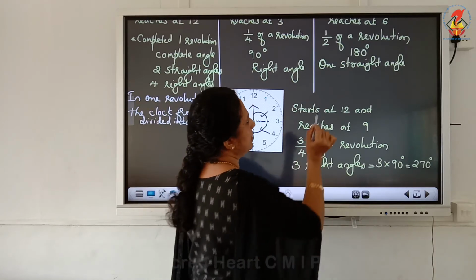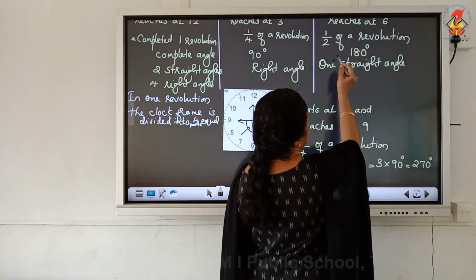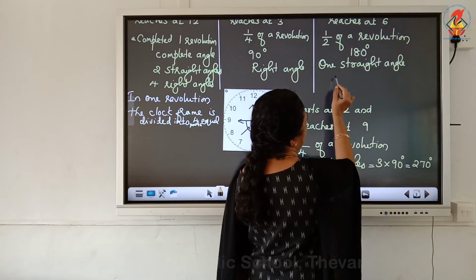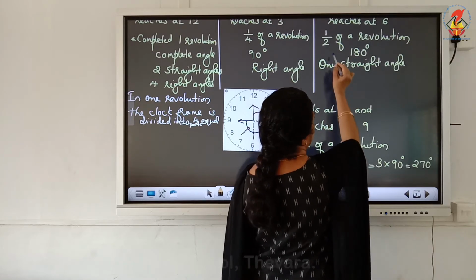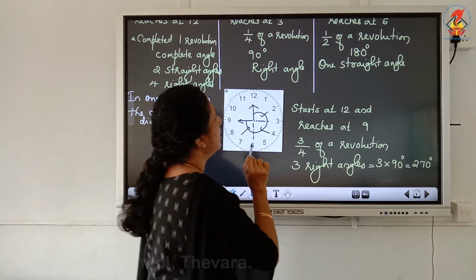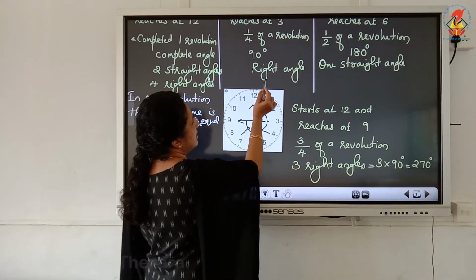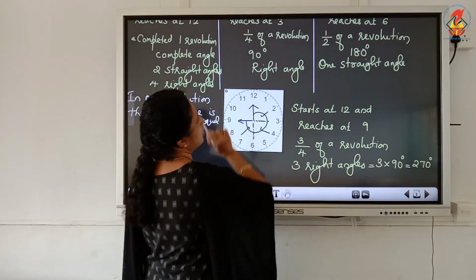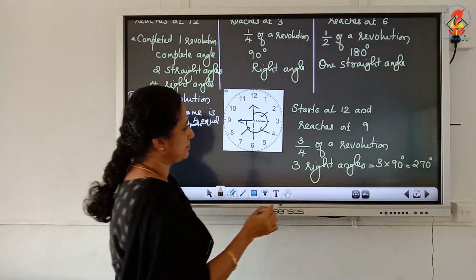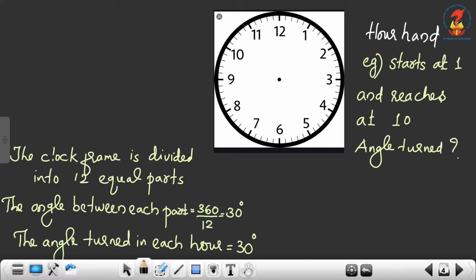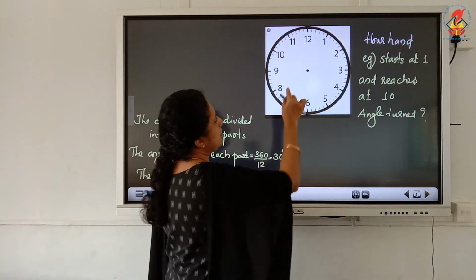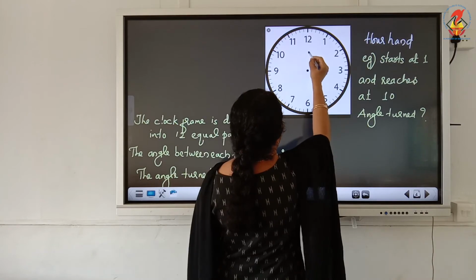And if you are getting 2 right angles, or 1 straight angle, it will be half of a revolution. And if you are getting only 1 right angle, it will be 1/4 of the revolution. Now look here, this clock frame is divided into 12 equal parts. Suppose the hour hand starts at 12.